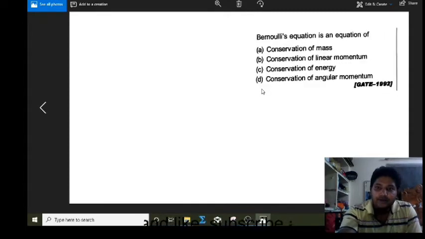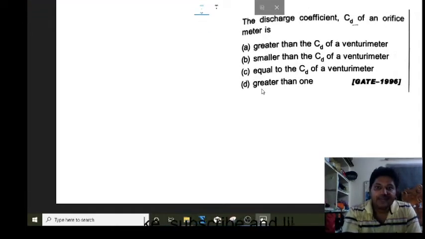Now, the discharge coefficient of an orifice meter.